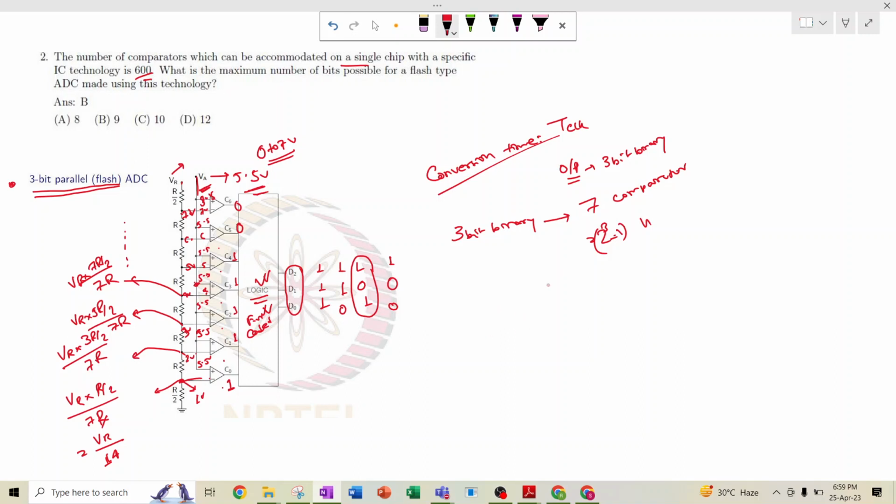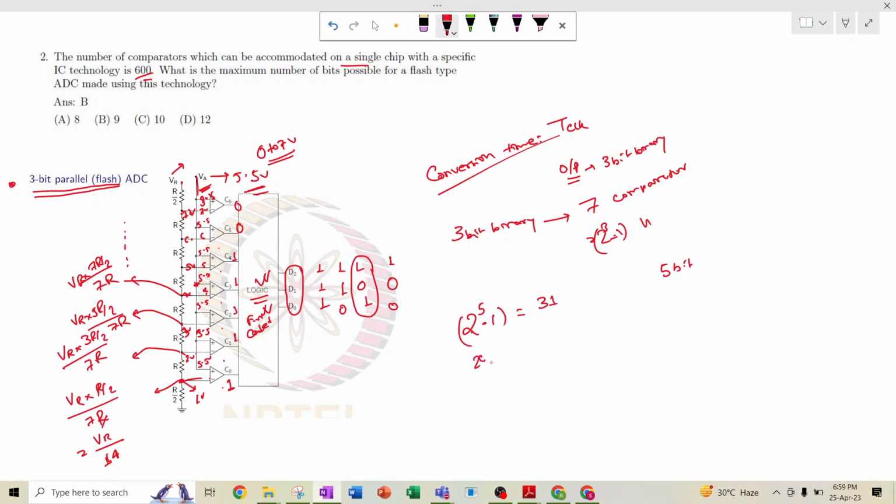Suppose we are doing 2 to the power 5 minus 1 comparators, so it is for 5 bit. 2 to the 5 minus 1 will be 31.